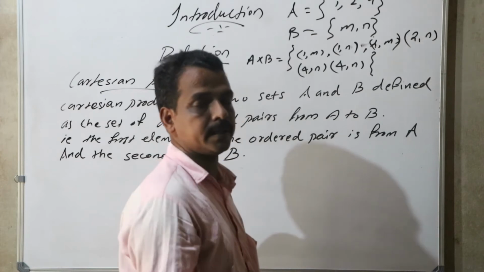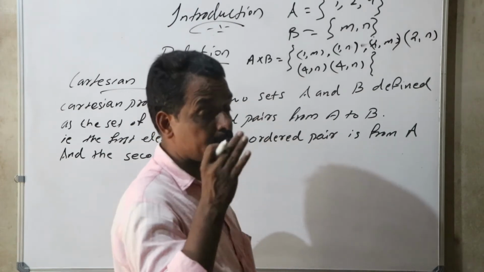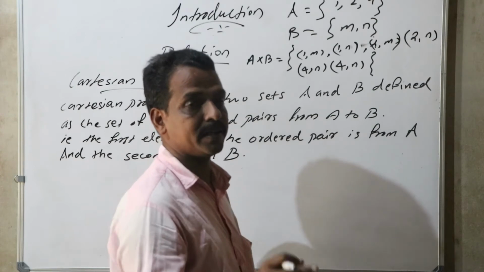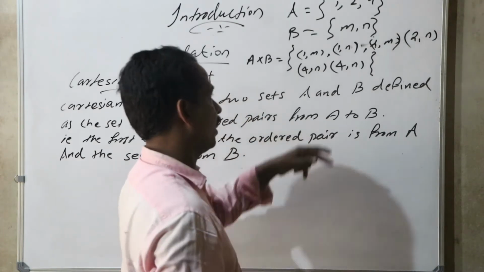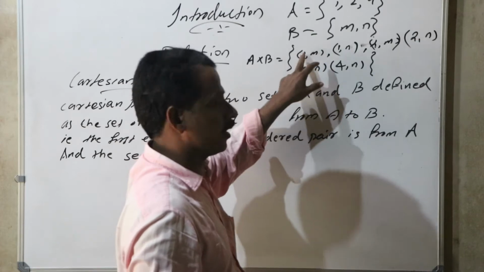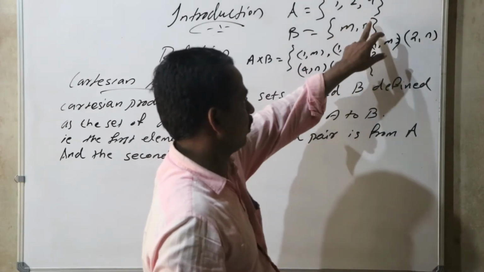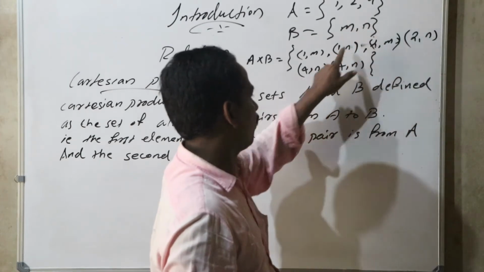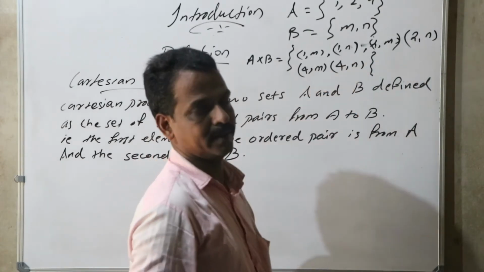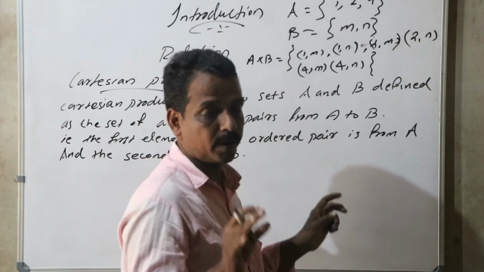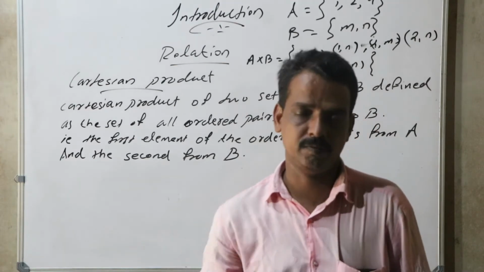In A cross B, in the ordered pair, the first element must be in set A, and the second should be in set B. 1 in set A: 1 M, 1 N. Next, 2 M, 2 N. Third, 4 M, 4 N. This is called the Cartesian product, or A cross B. Very simple.